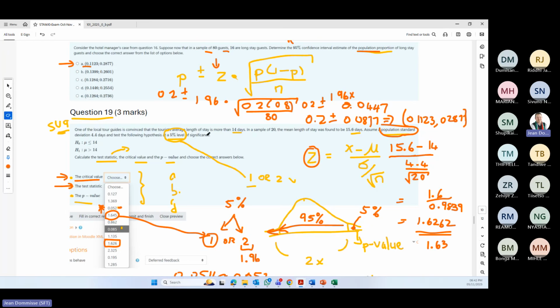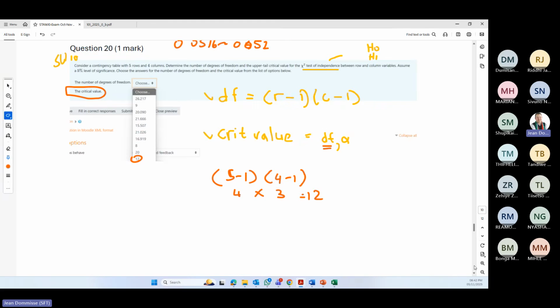Even though they talked about sample, but when they said a population standard deviation, so that is the key. Always look for, do they tell you if it's a sample standard deviation or population standard deviation? And so that's the key that you're looking for.